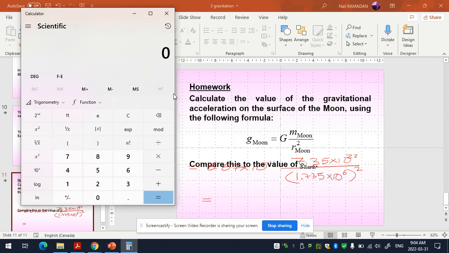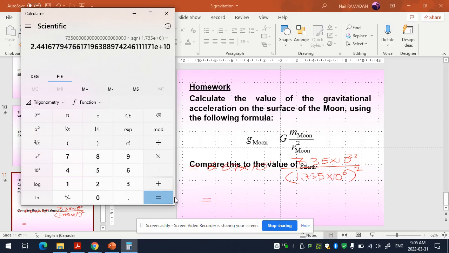So 7.35 EXP 22, divided by, I'll put a bracket. What goes in the bracket? 1.735 EXP 6. Close your bracket, and then square it.